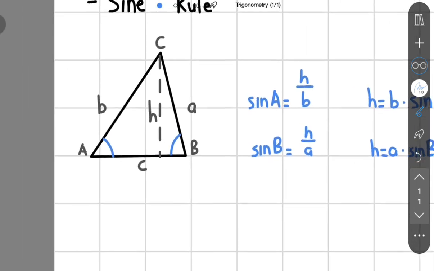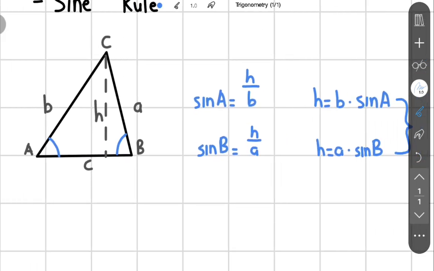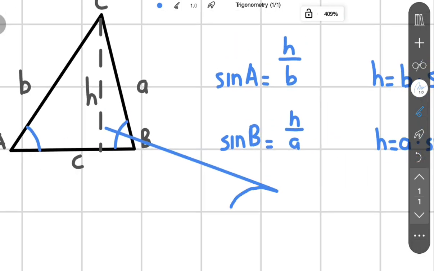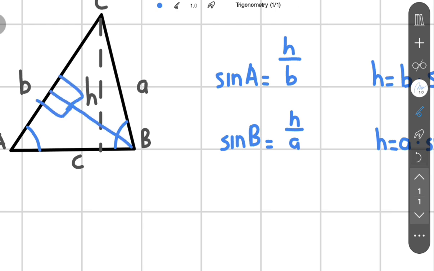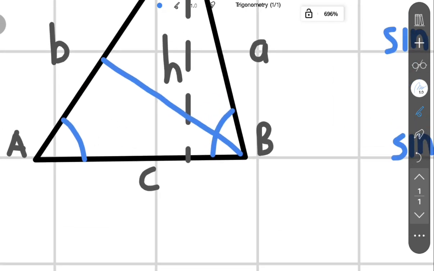We could actually even calculate for angle C. If you draw a line from B, such that you also create a right angle triangle in both sides, you're going to find out in the end that sine C will be H over A, and sine A will be H over B.